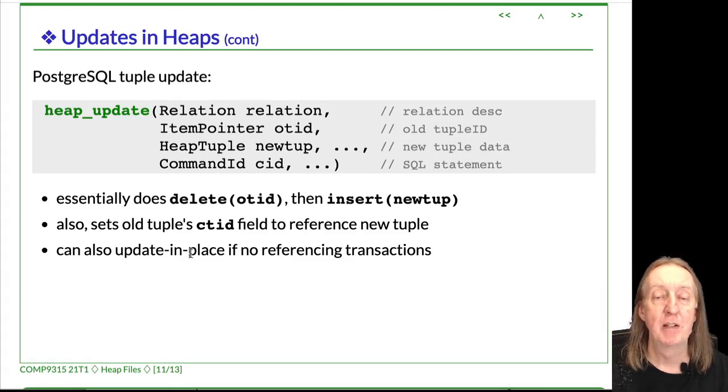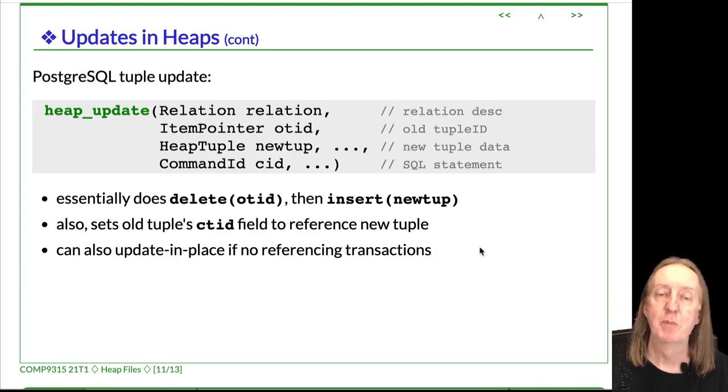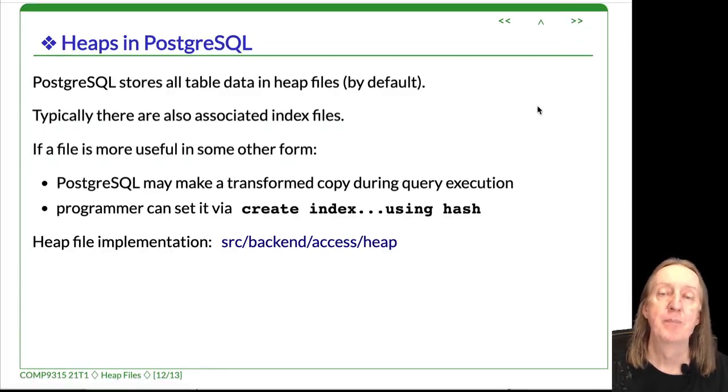Potentially you can do an update in place if this tuple isn't being referenced by any other transaction. That's a special scenario that may occur sometimes, but it's not the default scenario. Normally you've got someone else poking around in that same relation at the same time.